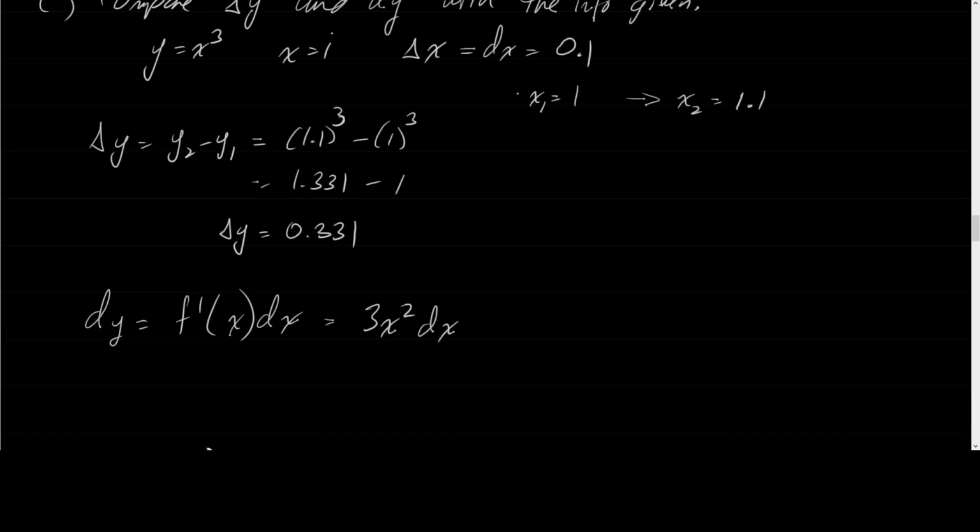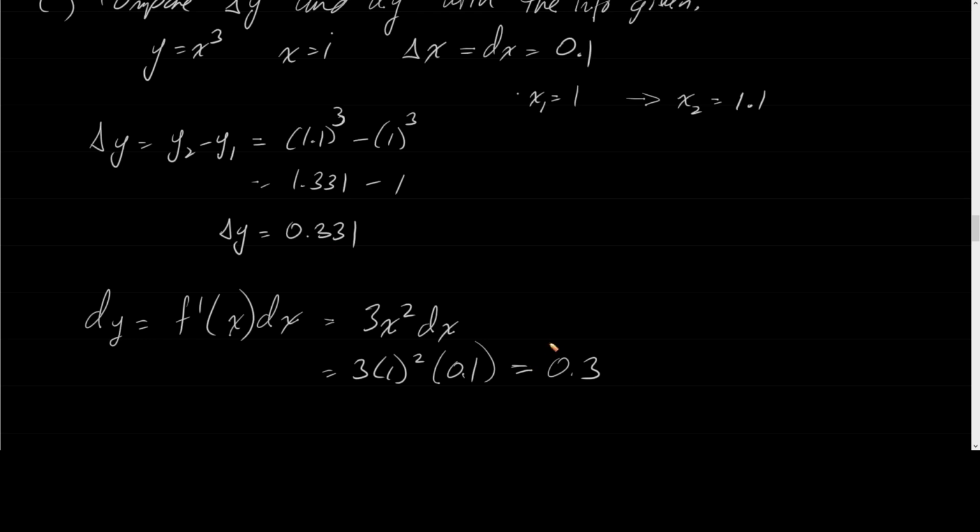Now let's plug in our values. x was 1, so we get 3 times 1 squared, and dx is 0.1, and that gives me 0.3. What we found is that even though the y values over the curve have changed a total of 0.331, along the tangent line the y values have only changed by 0.3. So not as much.